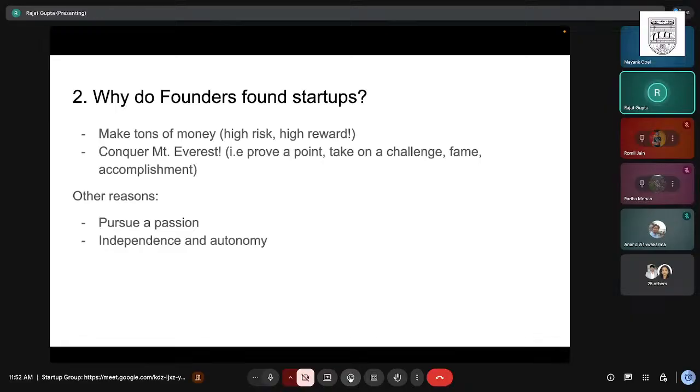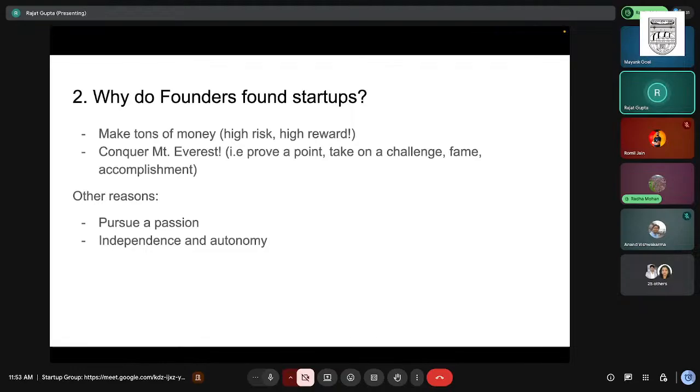Now, other reasons that people often talk about is, hey, I'm passionate about this, and they'll say, I don't really like working for anybody else, so with a startup, I just want to work for myself. I think all of those can be additional reasons, but they can't be the core reason, right? So your core reason has to be one of the first two, and then the others can be additional reasons.